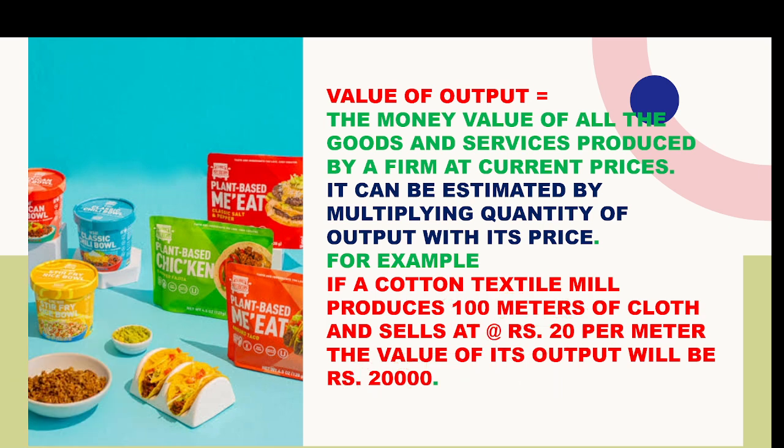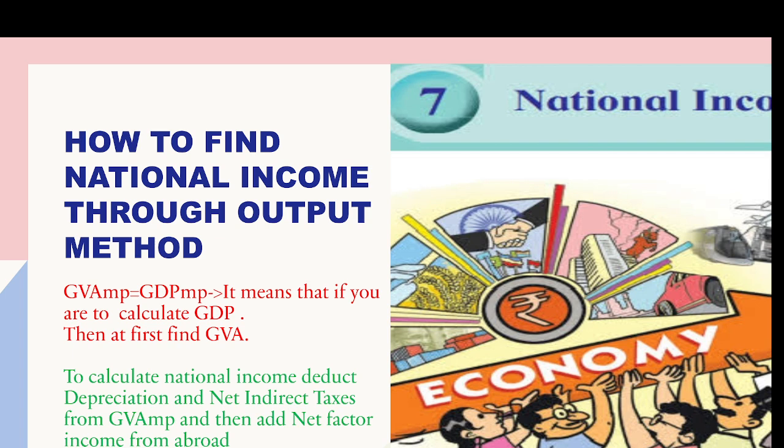Now the next point is how to find out national income through the output method. This is a very important question also. Find out national income, output method is very important. First of all, we should see that GVA MP is similar to GDP MP, and it means that for calculating GDP, you have to first find out GVA.